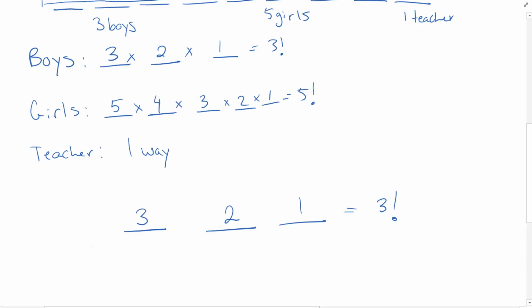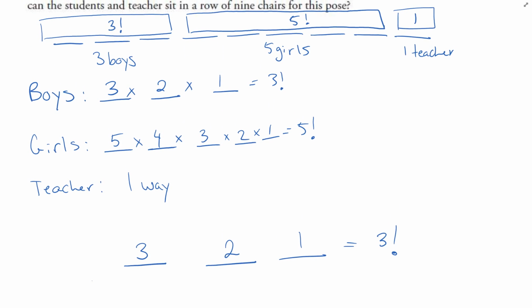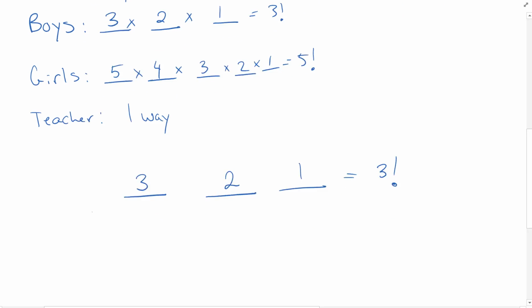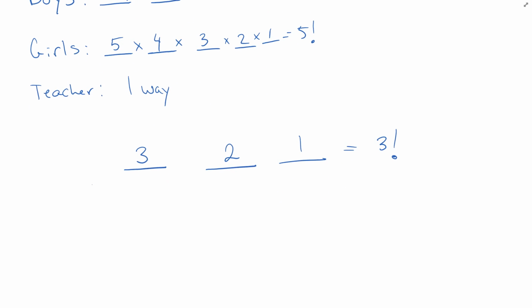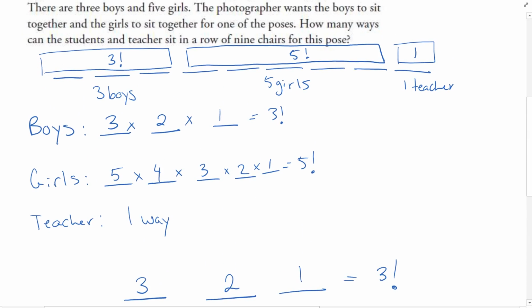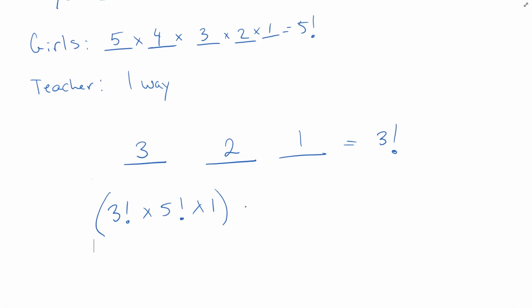But it's not just the groups, it's also within the groups. The 3 boys are 3 factorial, the 5 girls are 5 factorial, and the teacher's 1. So the answer here for the number of arrangements would be exactly what I was just saying, 3 factorial times 5 factorial times 1, which is what we're seeing up top, but then all of that is going to be multiplied by the 3 factorial.